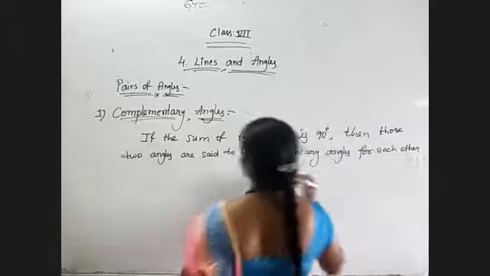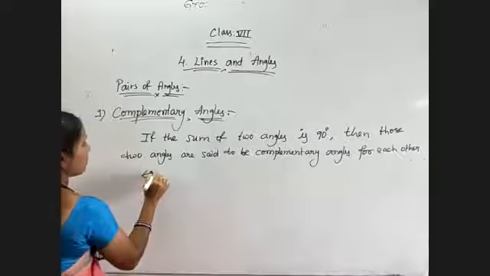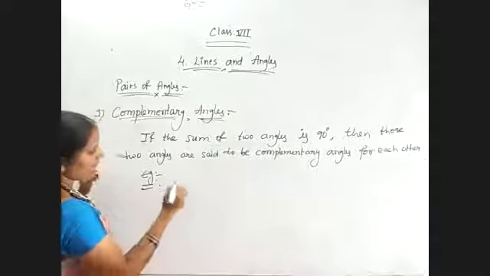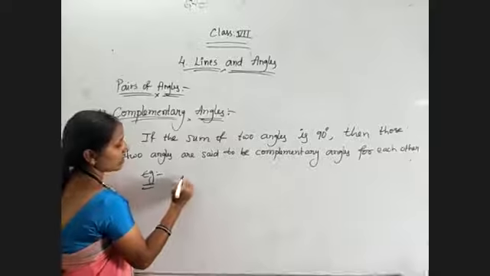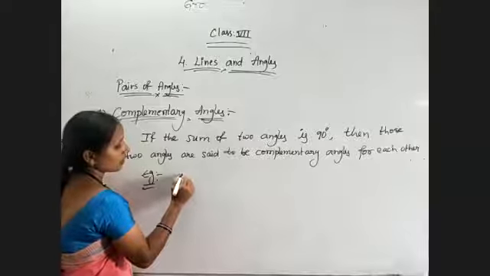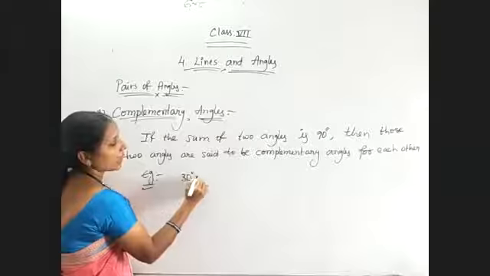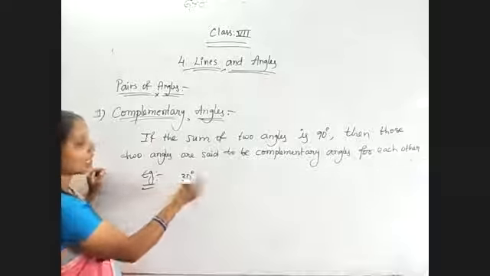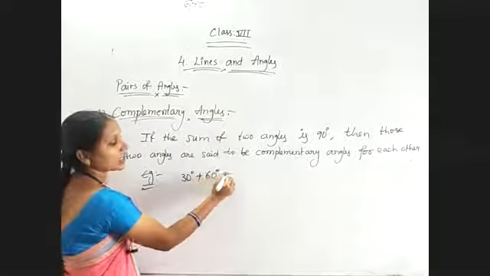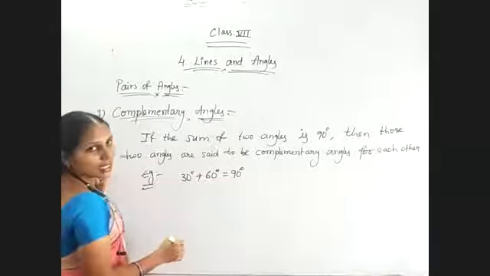For example, I have one angle, 30 degrees, and how much do I need to add to get 90? 30 plus 60 is equal to 90 degrees. Yes or no?